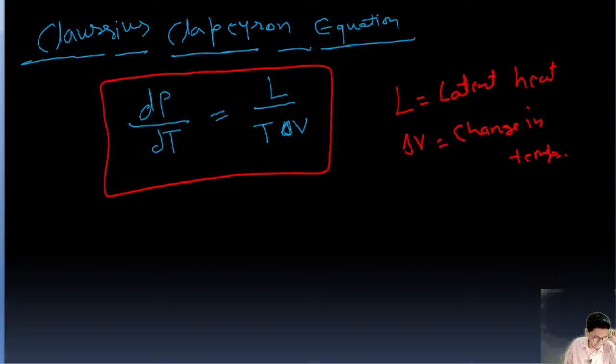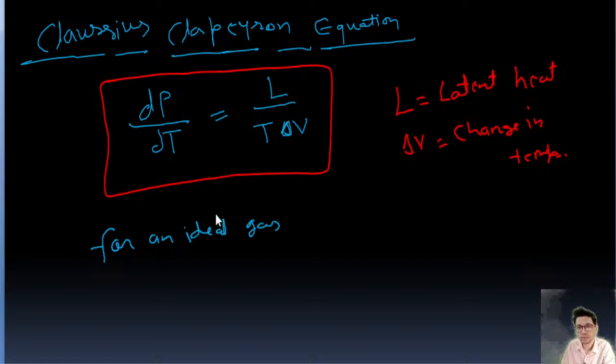Now if we talk about an ideal gas, for an ideal gas, PV equal to nRT, right?